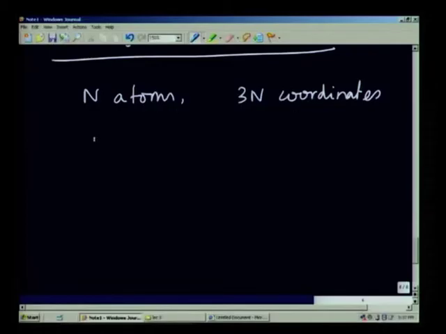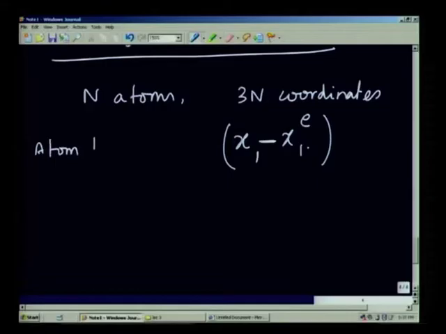So if you think of atom 1 as having a coordinate x1 equilibrium, and at any instant of time it has a position x1, the difference between the two, x1 minus x1 equilibrium, is the amplitude of the oscillation. x1 is a function of time, x1 equilibrium is not. x1 is x1 of t.